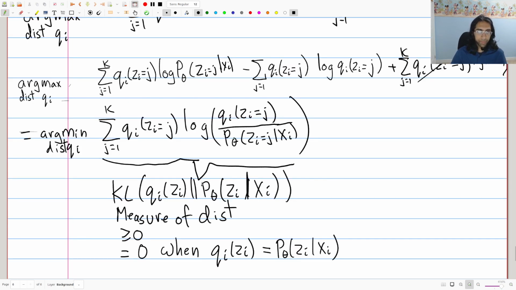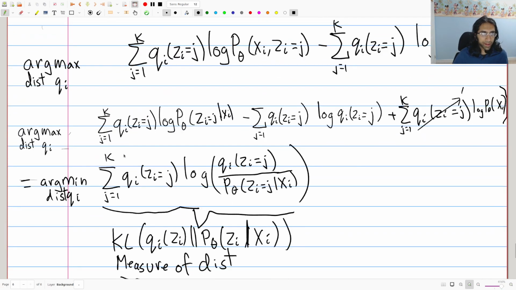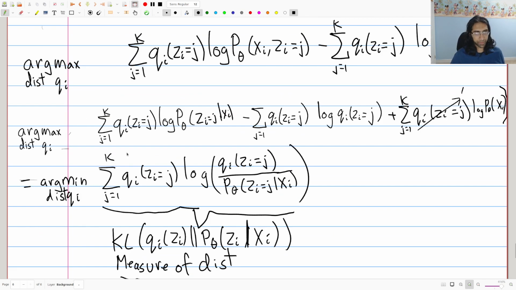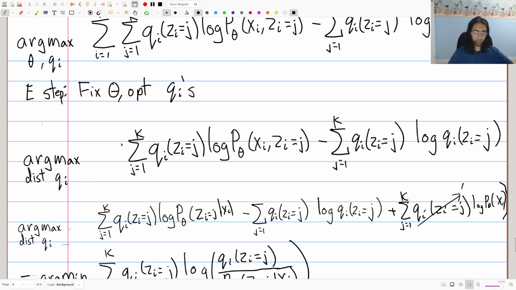So, right. What are we trying to do? What did we just show? Let me write one more thing. The argmin over all distributions is going to be equal to p theta of zi given xi. Now let's recall what our goal was so we don't get too lost.